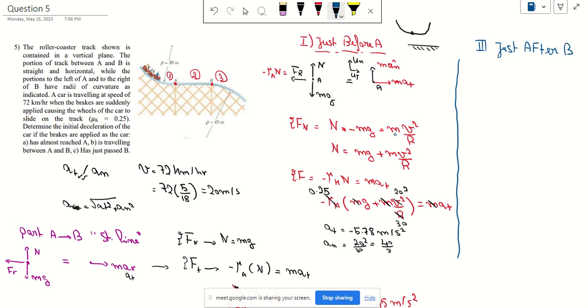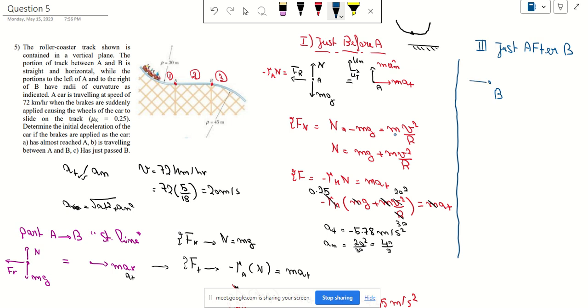Just after B, I'm moving on a circular path, and on a circular track you have two components, not three. This is point B, and I will draw the forces.